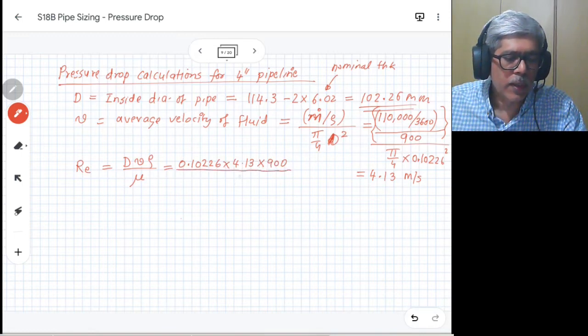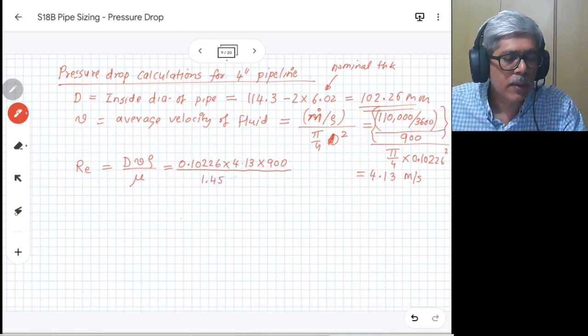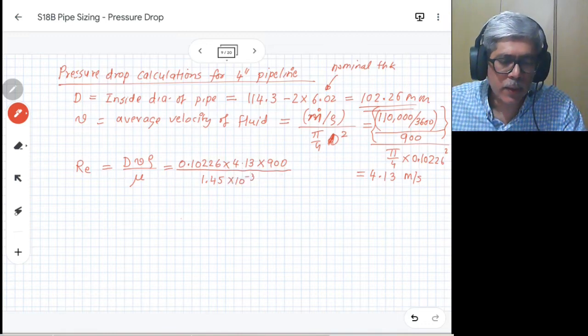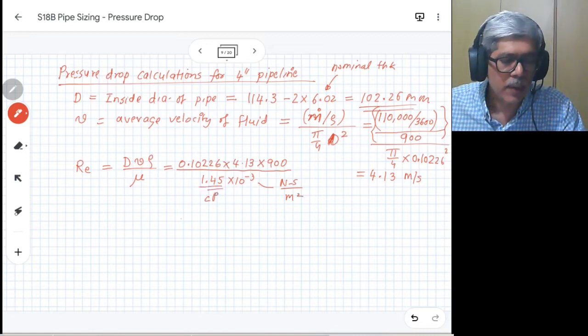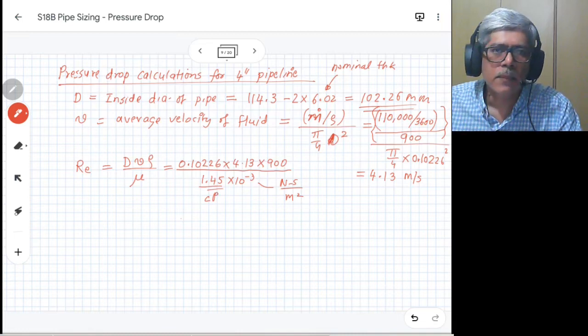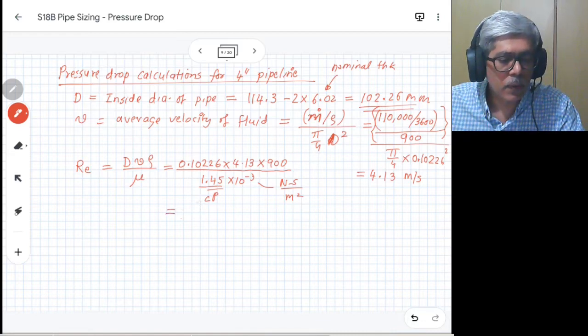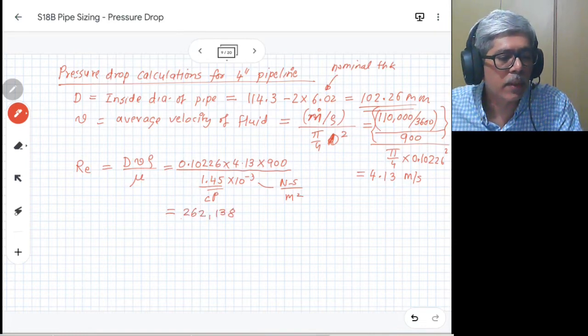The viscosity of fluid is given to us as 1.45 centipoise, which corresponds to 1.45 into 10 to power minus 3 in the SI units. So this is in Newton second per meter square. So this value is in centipoise. So if you calculate, the Reynolds number turns out to be 262,138. So that is the Reynolds number that we are getting.